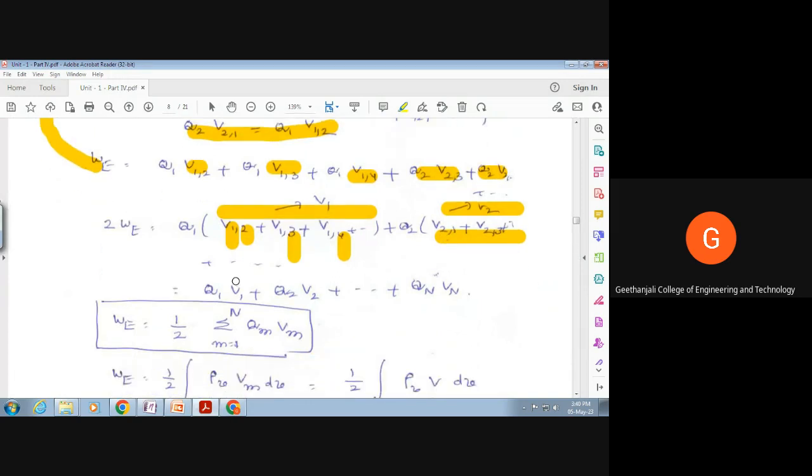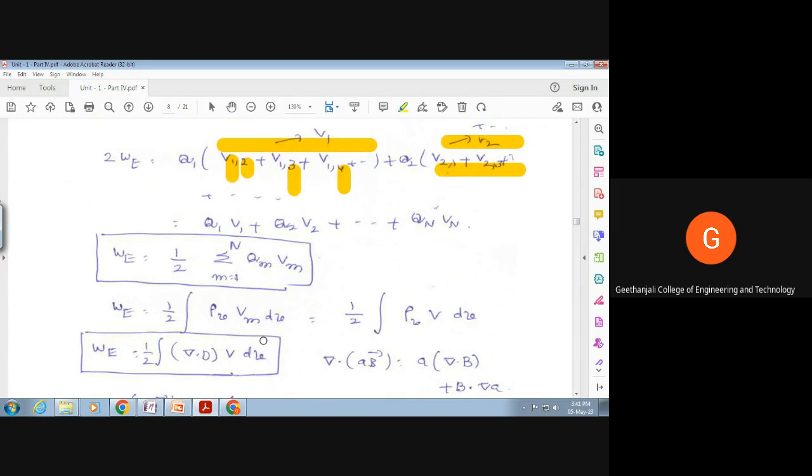Okay. So now 2WE becomes Q1 V1 plus Q2 V2 plus Q3 V3, and so on. The last term is going to be Qn into Vn. So I can write this as WE is equal to 1 by 2 sigma Qm Vm, m is equal to 1 to n.